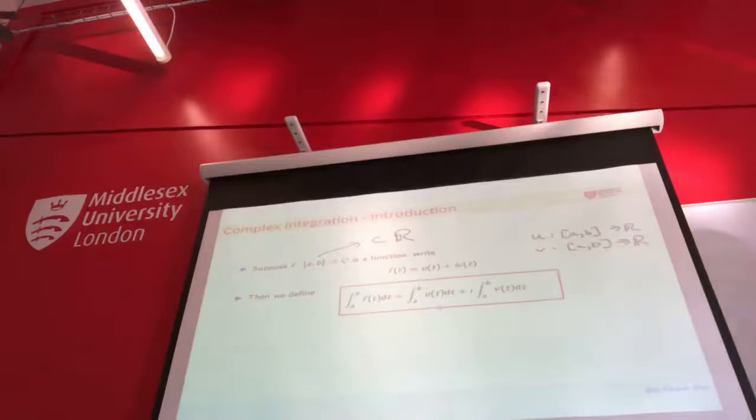Which is exactly what you'd expect. I mean, this isn't some sort of clever trick. If I asked you to define something like this, probably you'd end up doing something like this. So this is what we will define. So this is importantly a small example of a function that maps a real interval into the complex plane.